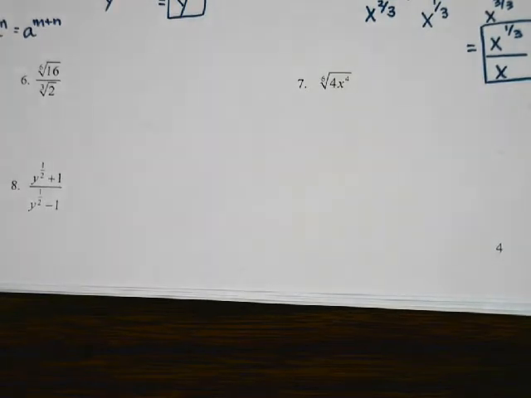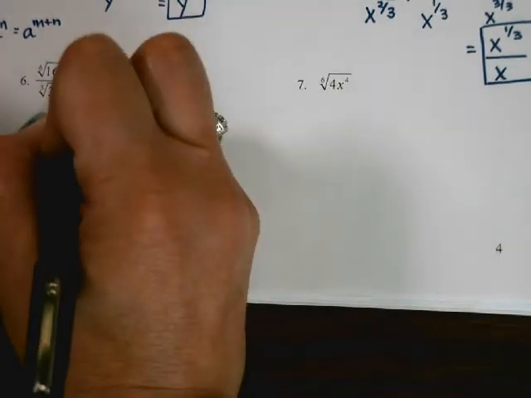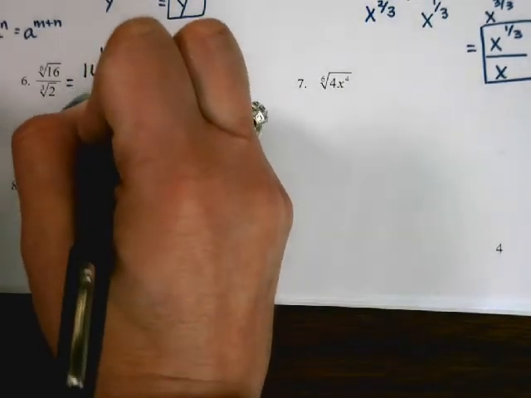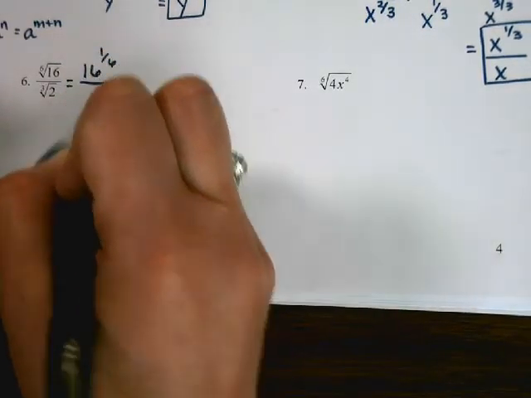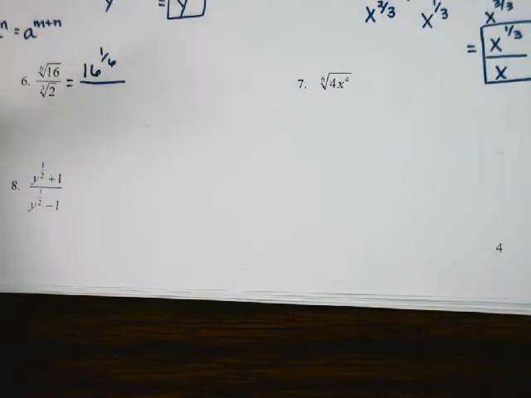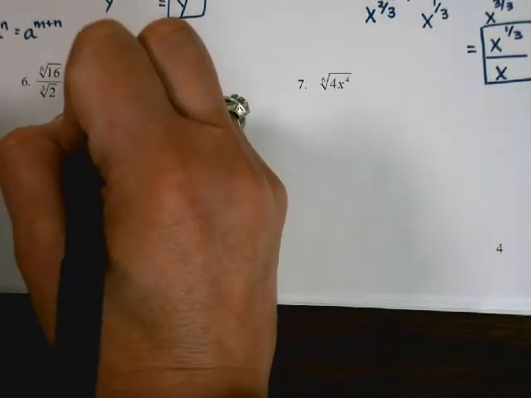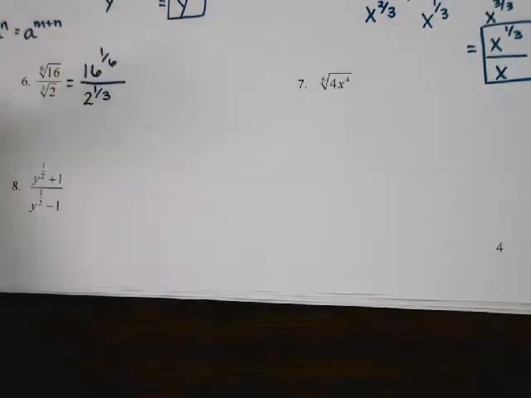So the 6th root of 16 could be written as 16 to the 1/6. And the same thing with 2. I'll never get anything to come out, the cube root of 2. So I'm going to rewrite that guy as 2 to the 1/3.